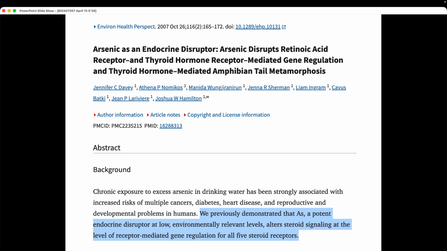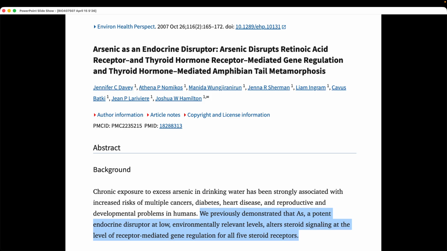So good stuff, because we know from the first half of our course, thyroid hormone is what regulates amphibian metamorphosis. So you've got to have its normal function, so these people look at it in the tails of these amphibians. And so it's a primary research article. That's good. They're going to be discovering new stuff.